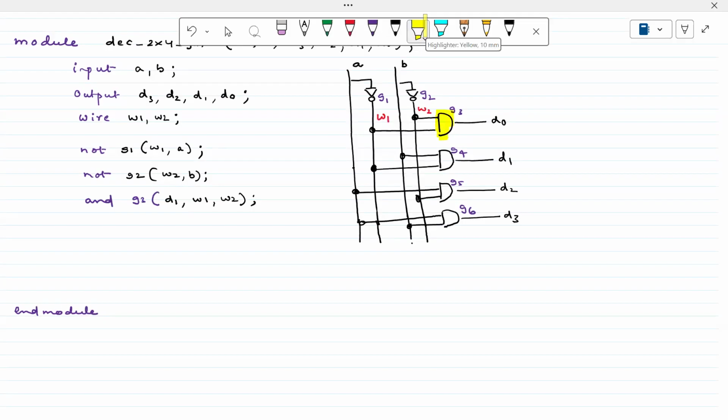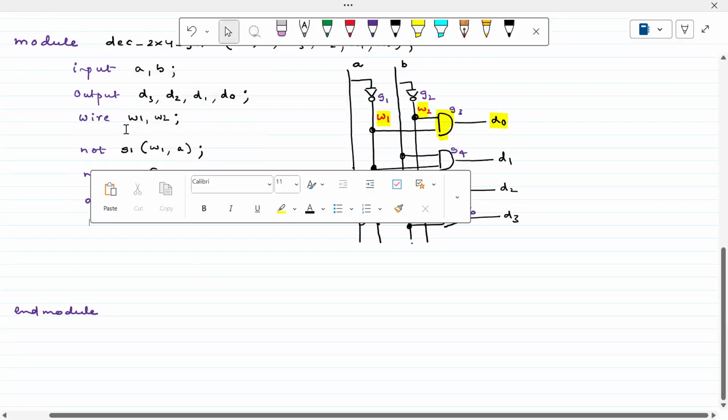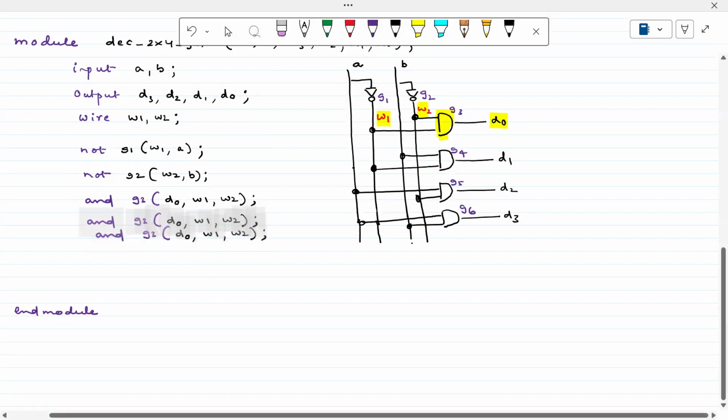What is the output here? D0. What is the input here? W1 and W2. Yeah, it's a D0, right? Sorry, it's a D0. So I just want to copy this one 4 times. I want to copy this, copy it 4 times.